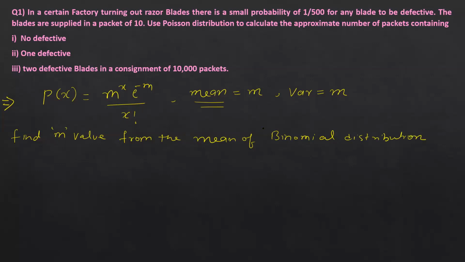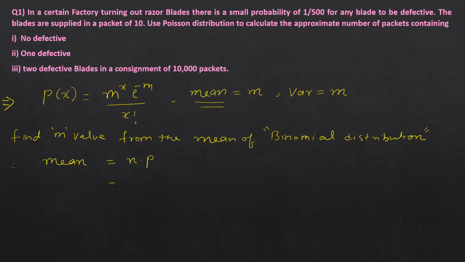The reason to use the binomial distribution is that the Poisson distribution is a limiting case of binomial. That's why, to find m, I will use the mean of the binomial distribution. So therefore, the mean is equal to n into p. We know that n into p is the mean of the binomial distribution.